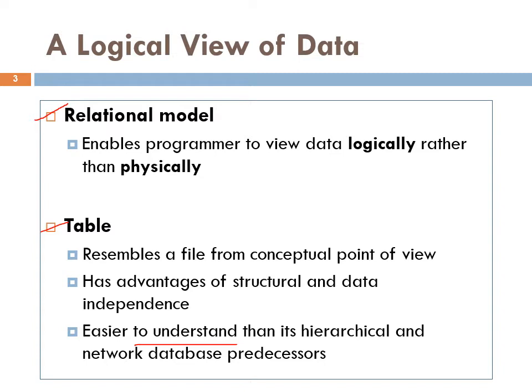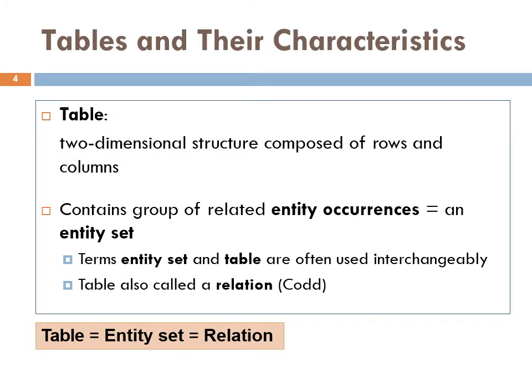A table is a two-dimensional structure composed of rows and columns, right? So it contains a group of related entity occurrences, that is, an entity set. For example, a student table contains a collection of entity occurrences, each occurrence representing a student.